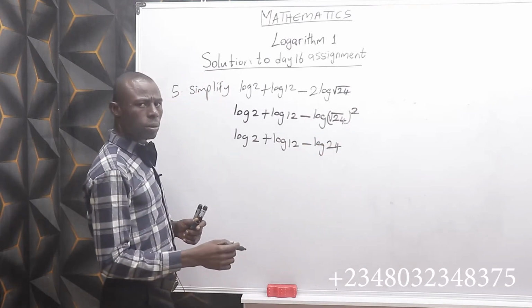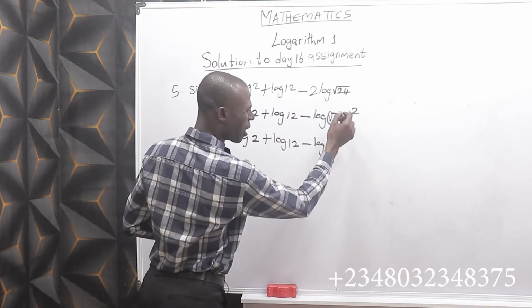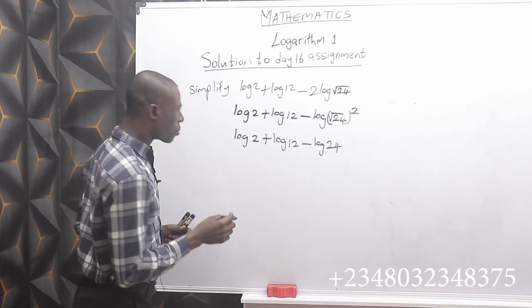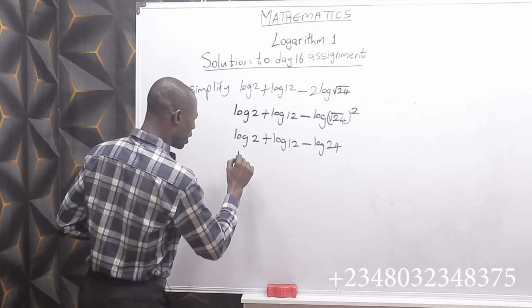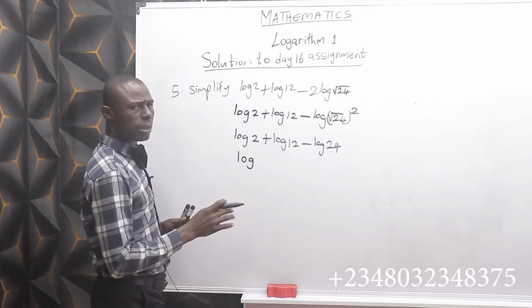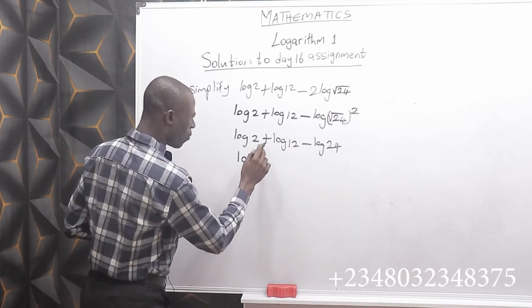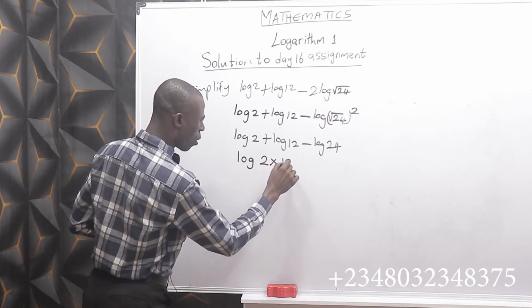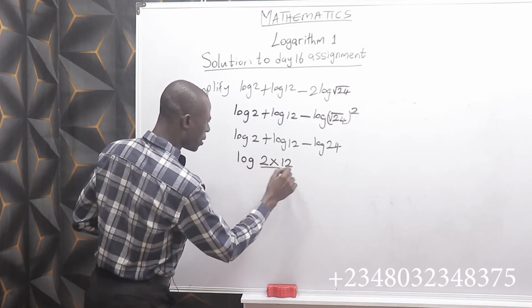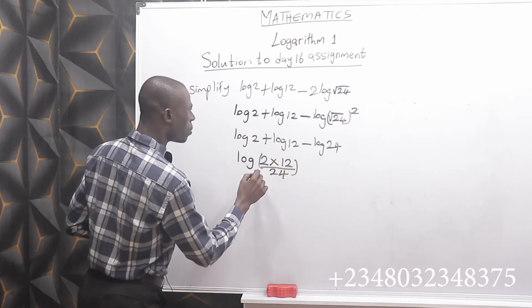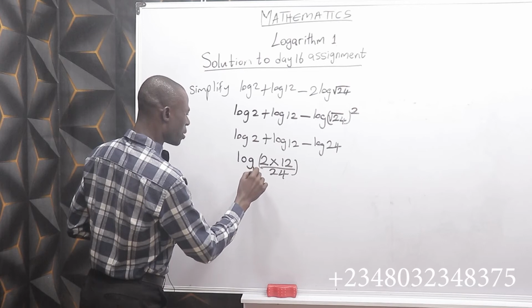Do you know how and why? These two will cancel this root sign to give 24. So we can now apply the common law. Since they are all in base 10, you apply the common law of addition and subtraction here. 2 times 12 divided by 24. This is to base 10.